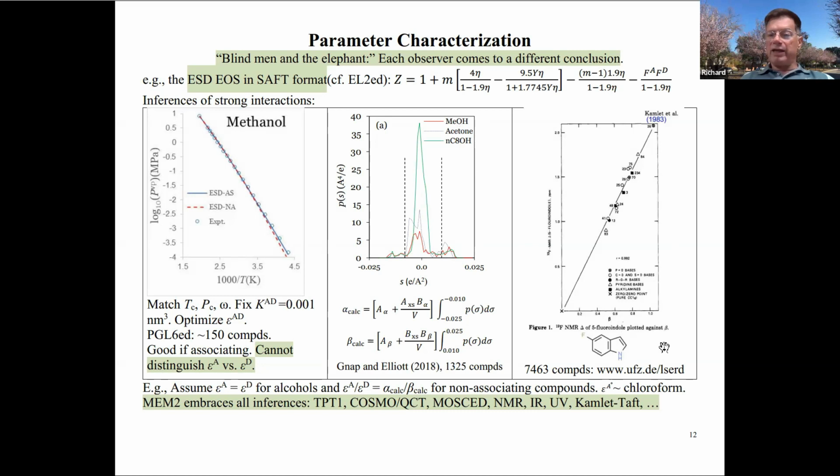Another one that I like a lot is this Kamlet and Taft method. They use spectroscopy with, let's say, a molecule like this. They put that standard, I think this is used as a standard base, in contact in very dilute solution with carbon tetrachloride at 99%.